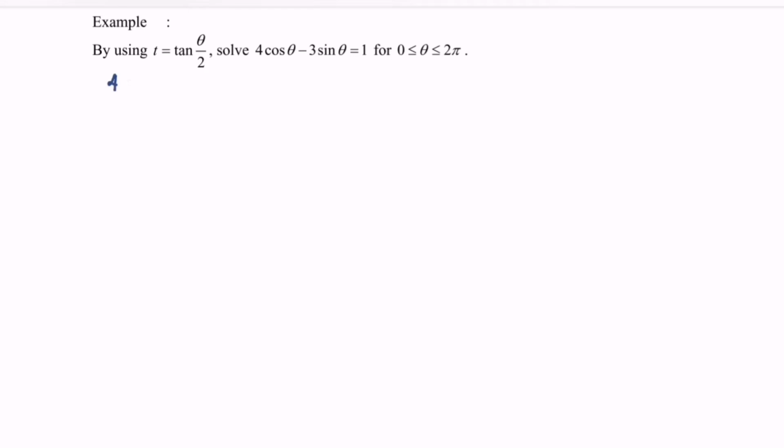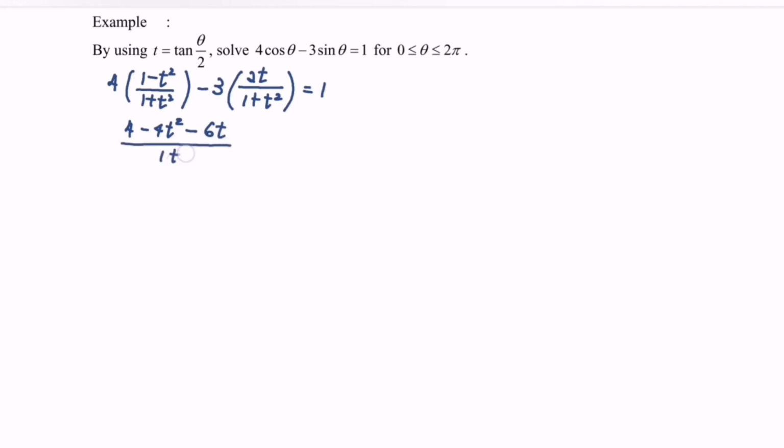For cos theta, 1 minus t squared over 1 plus t squared minus 3, for the sin theta, we have 2t over 1 plus t squared, which equals 1. Next, I'm going to expand and equate the denominator. So we will have 4 minus 4t squared minus 6t over 1 plus t squared equals 1.